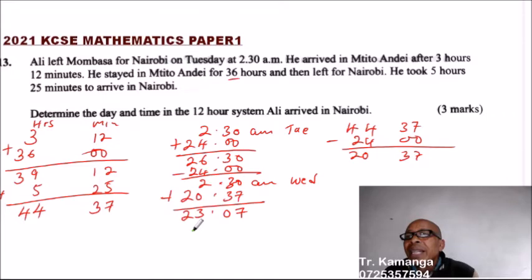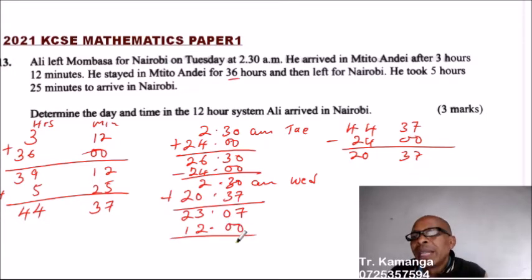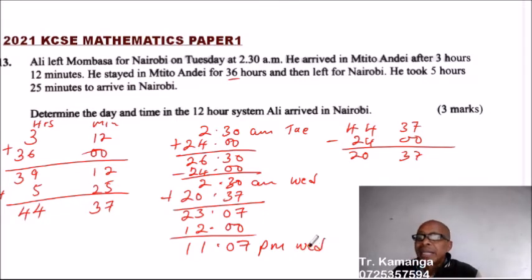In the 12-hour system, you subtract 12 hours, so you get 11:07, not a.m. but p.m. That is at night, on Wednesday. So he arrived in Nairobi on Wednesday at 11:07 p.m.